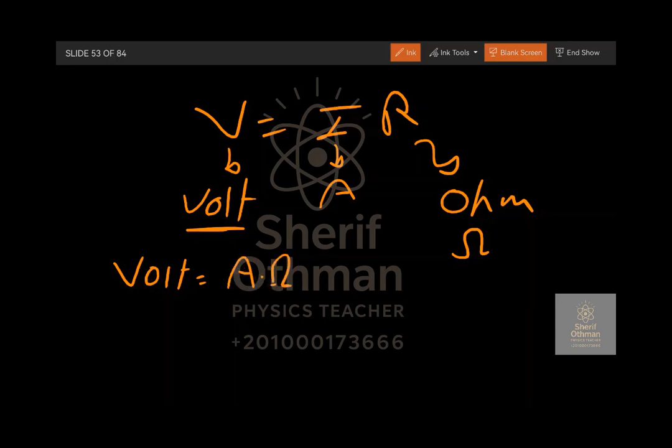And if we return to the definition of volt, potential difference, as we said before, V is the work done to transfer an amount of charge through a conductor. So work is represented by joule per coulomb, as the charge is measured in coulomb.